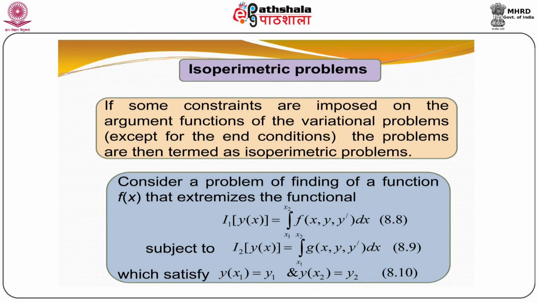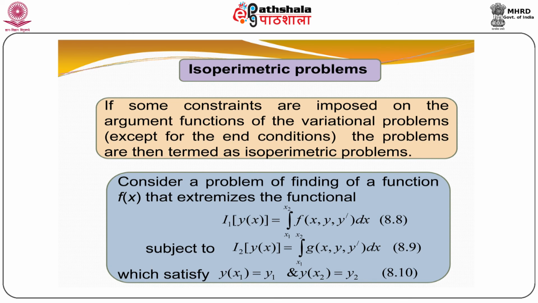The problems that we have considered so far find the extremum of a functional where the argument function can be chosen arbitrarily except for the boundary or end conditions. But if some constraints are imposed on the argument functions of the variational problems, obviously except for the end conditions, the problems are then termed as isoperimetric problems.